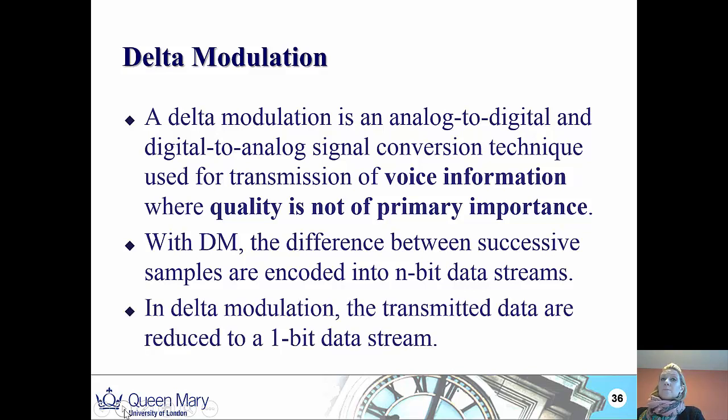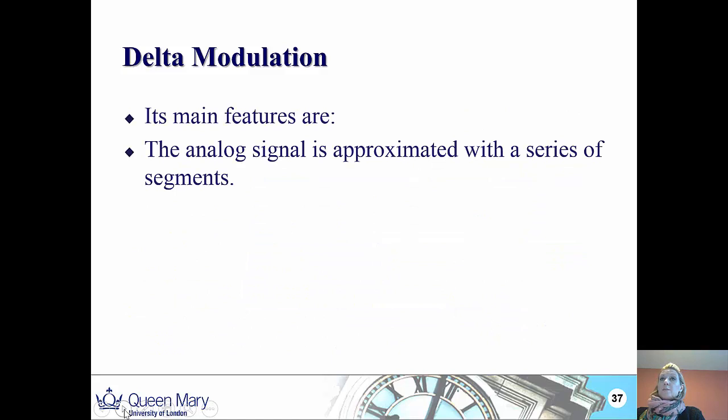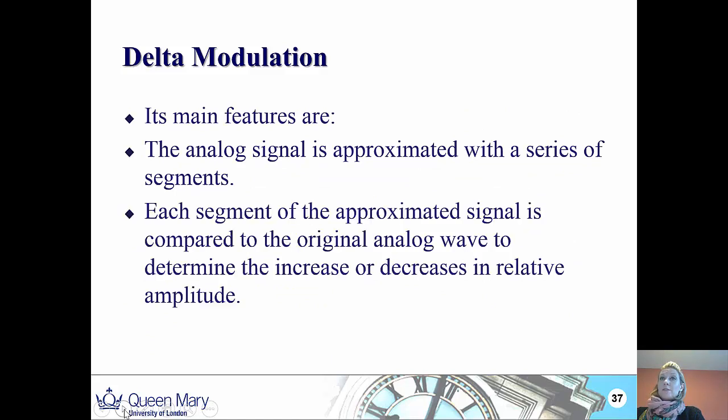Okay, so its main features are that the analog signal is approximated with a series of segments, and each segment of this approximated signal is compared to the original analog wave in order to determine whether to increase or decrease the relative amplitude.